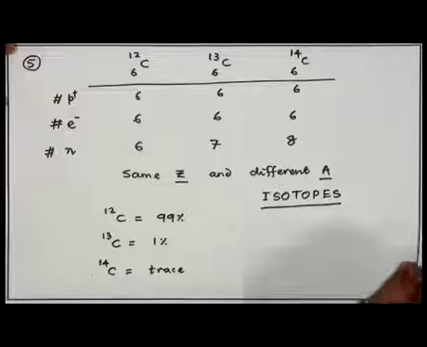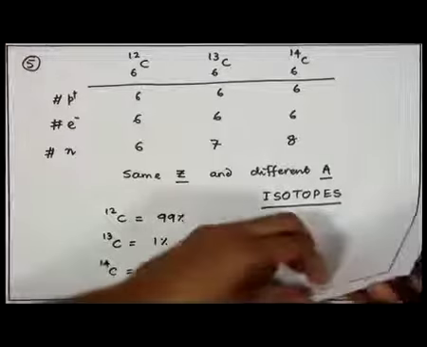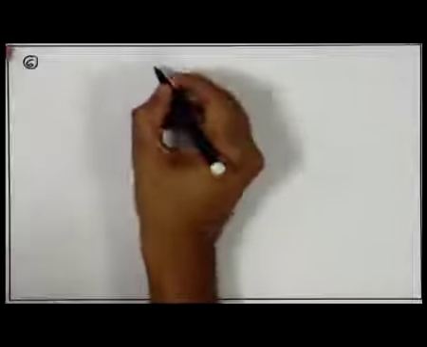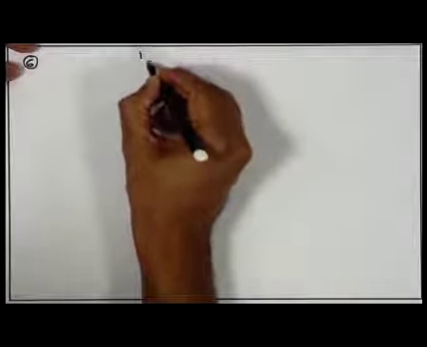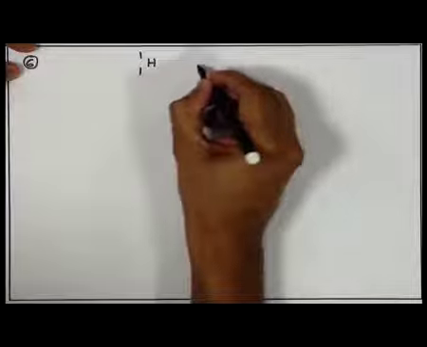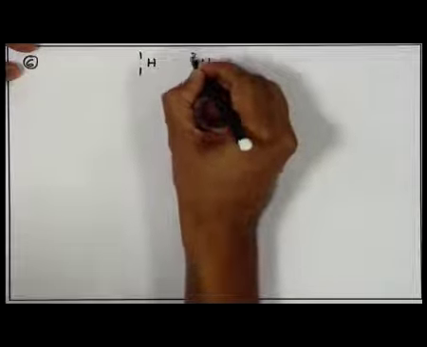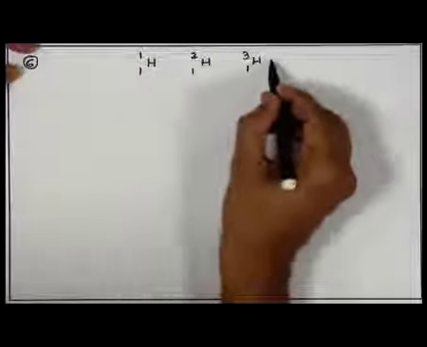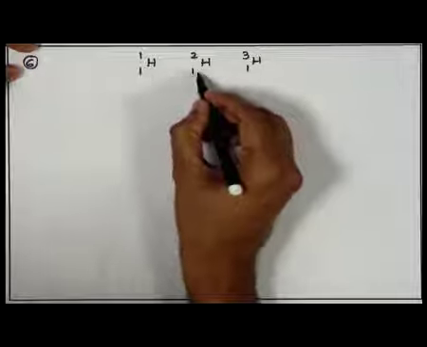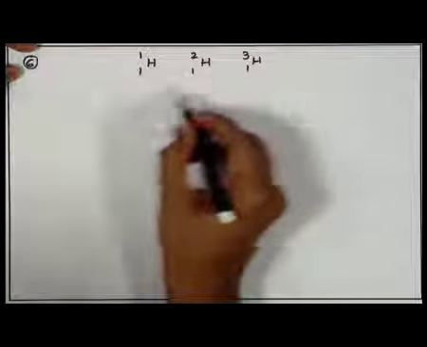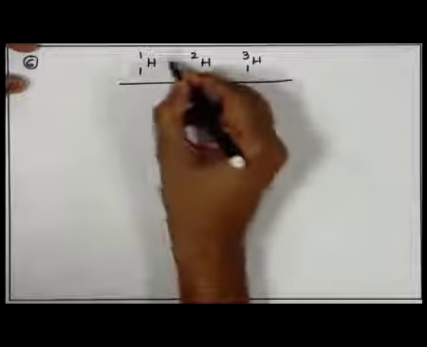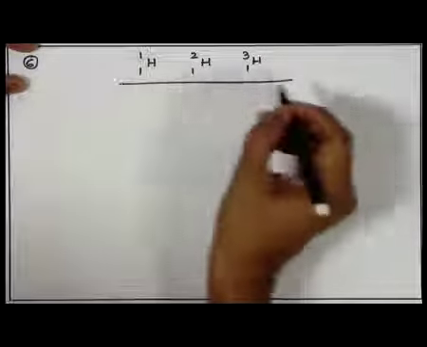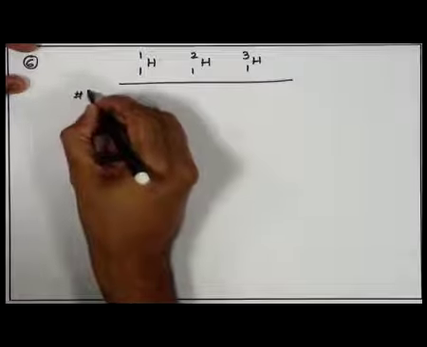We will take one more example of isotopes, and that is our example number 6. These are now the isotopes of hydrogen. So, we have 3 different forms of hydrogen. In each case, Z, the atomic number, is the same, that is 1, and the mass number changes from 1 to 3. So, of course, it is very easy.